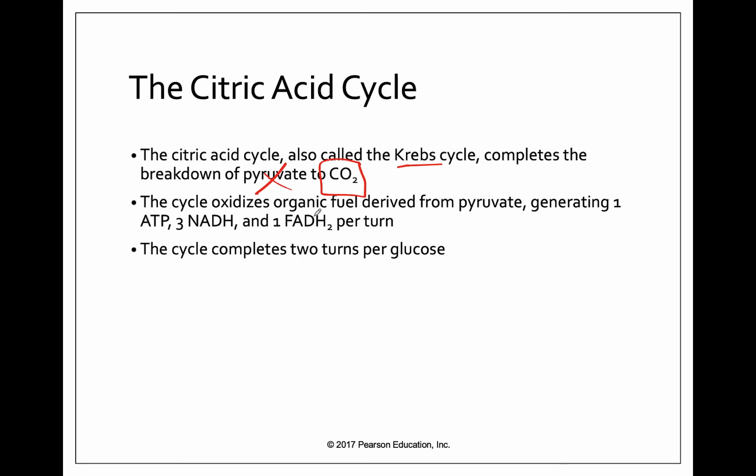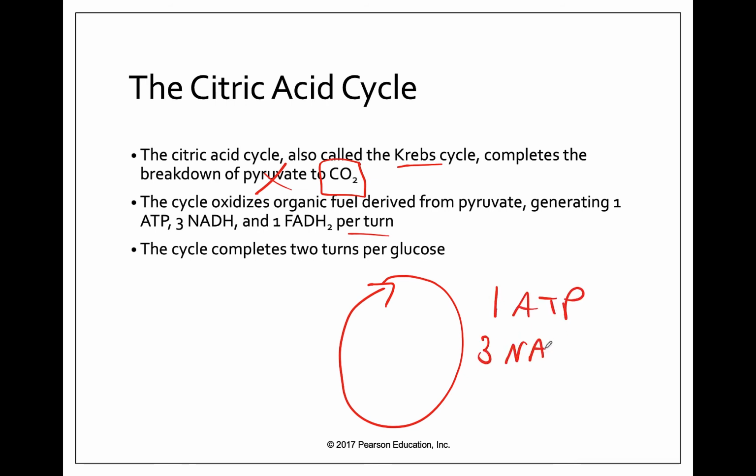So again, this is a cycle, so it happens in cyclical turns. Each turn of the cycle is going to make 1 ATP, 3 NADH, and 1 FADH2 per turn. However, the whole cycle happens times 2.